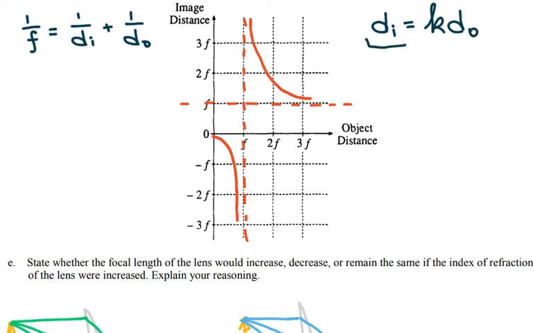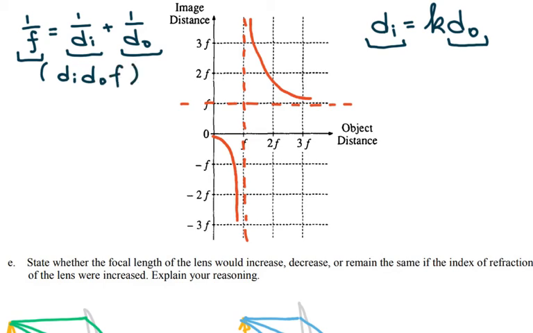So this is your y-axis, this is your x-axis, and I want to rewrite my lens equation in this form so I can see what relationship it's going to have. So at first I'm going to multiply each fraction, so I have 3 fractions, by the common denominator, which is di, do, and f.